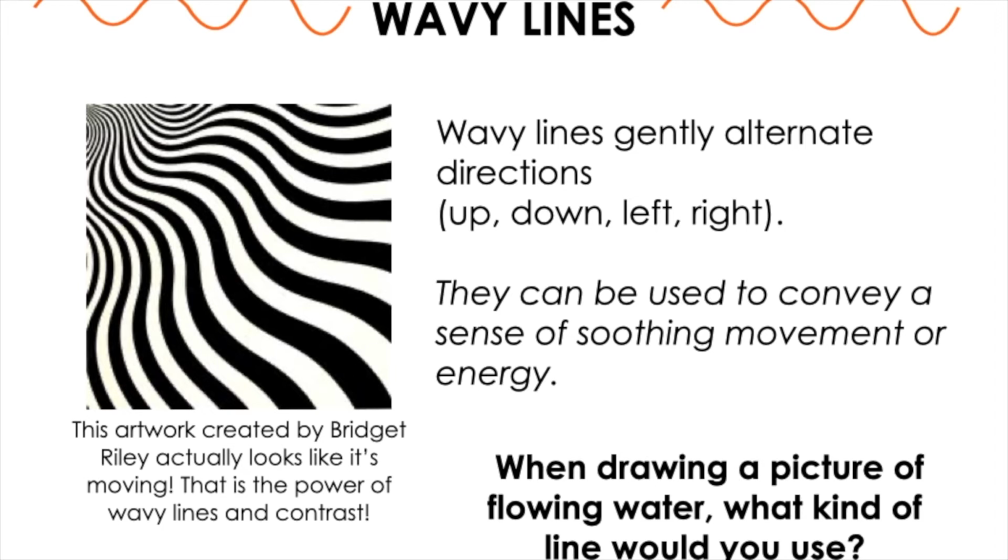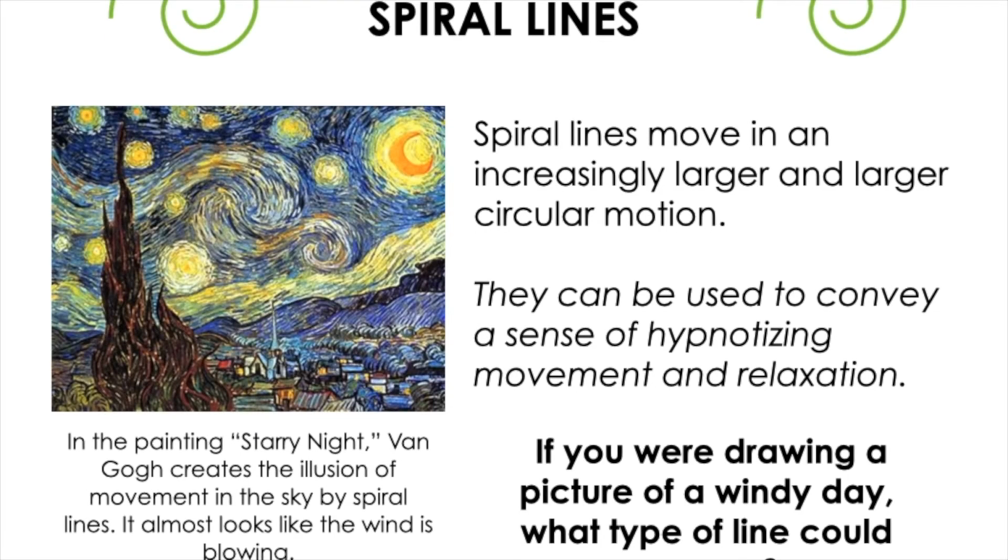So this is artwork created by Bridget Riley, and we will look at a lot of her artwork when we talk about op art. And it does actually look like the picture is waving or moving. When drawing a picture of flowing water, what kind of line would you use? Probably a wavy line.